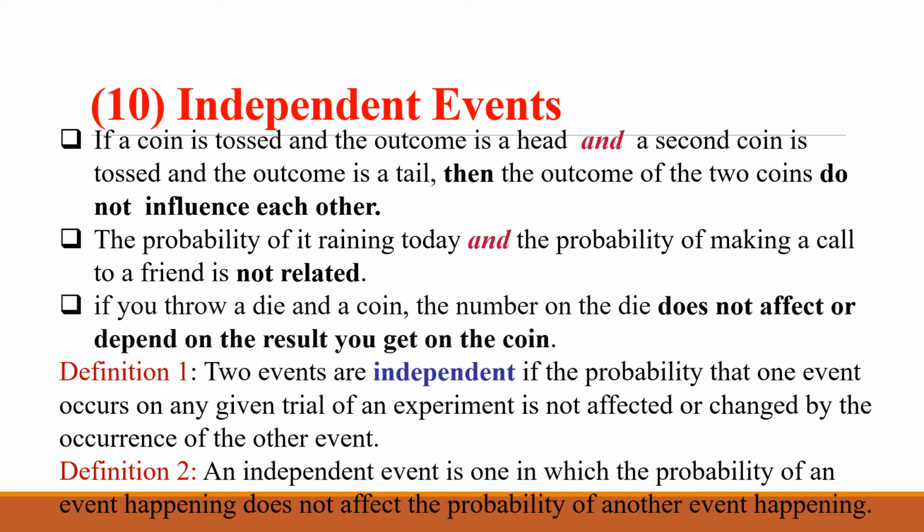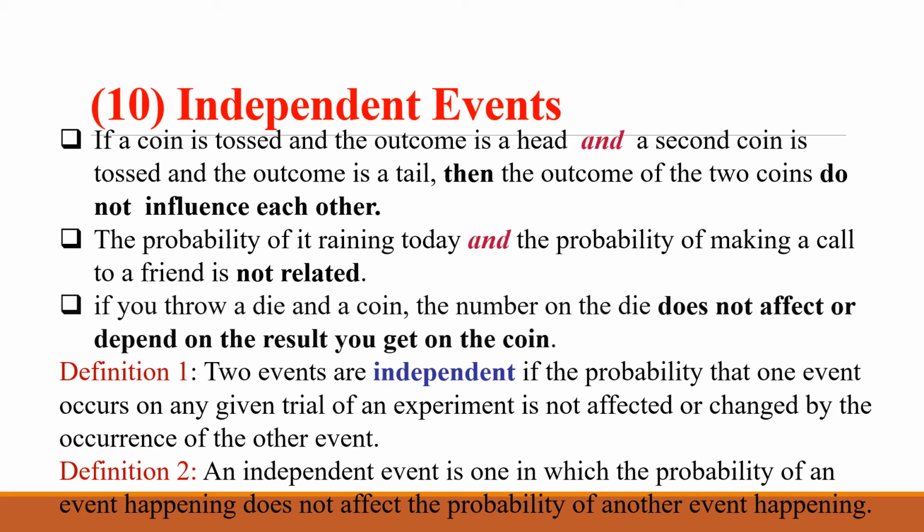So if I toss a coin and the outcome is a head, and I toss a second coin and the outcome is a tail, can we say that the outcomes are related? Definitely not. The outcome of the first experiment or trial does not influence the outcome of the second trial.